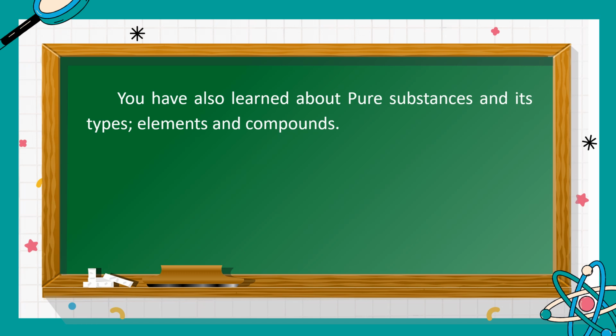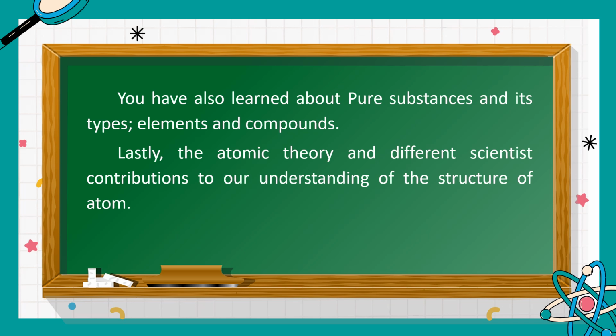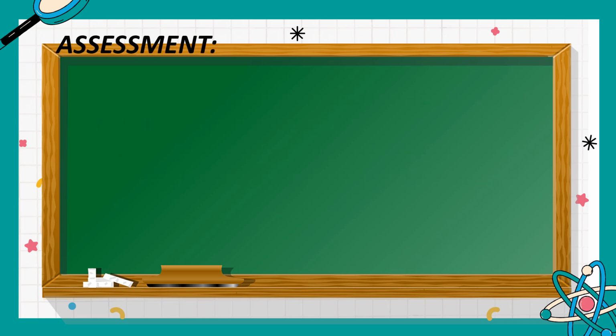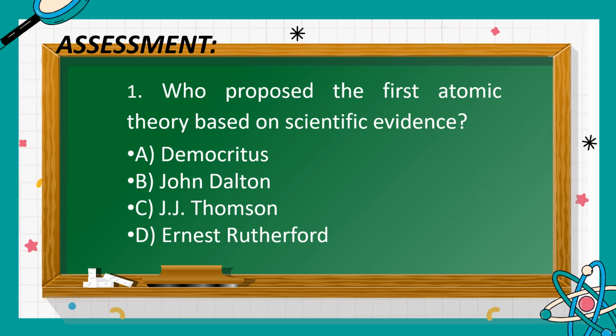You have also learned about pure substances and its types, elements and compounds. Lastly, the atomic theory and different scientists' contributions to our understanding of the structure of the atom. So, assessment.